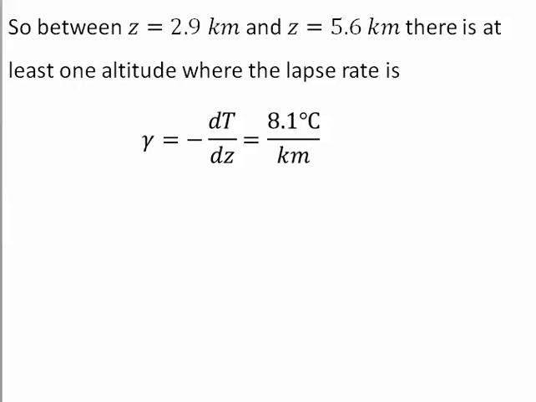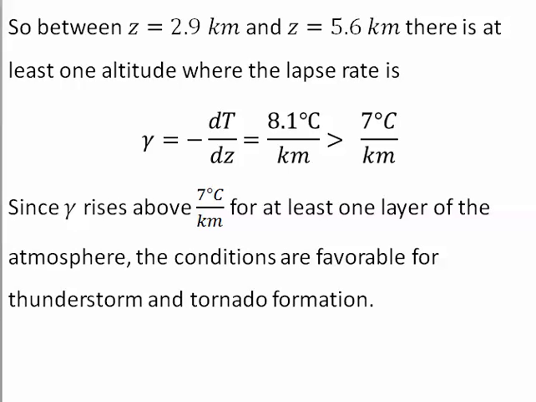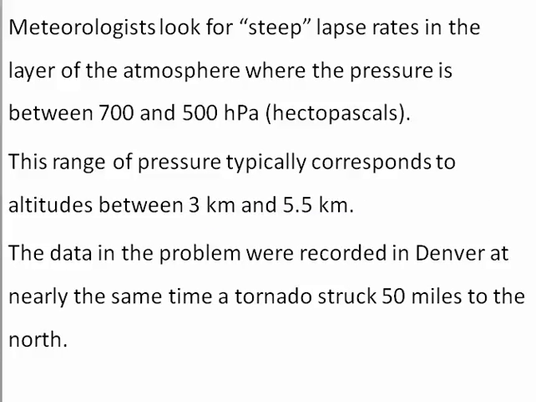So between these two altitudes, there is at least one altitude where the lapse rate is 8.1 Celsius per kilometer, which is greater than 7 Celsius per kilometer. Since the lapse rate rises above 7 Celsius per kilometer for at least one layer of the atmosphere, the conditions are favorable for thunderstorm and tornado formation.